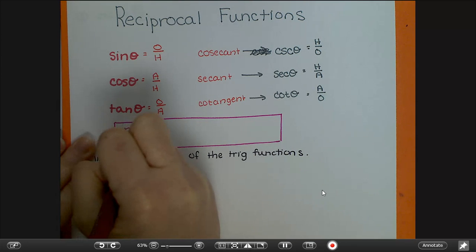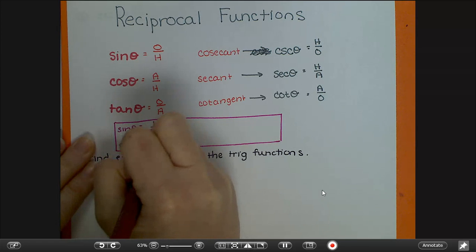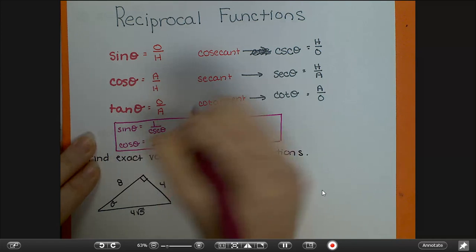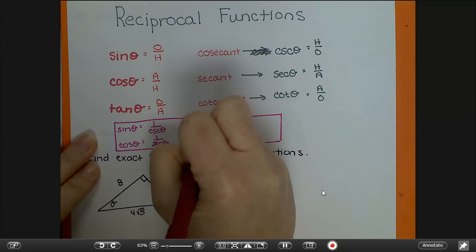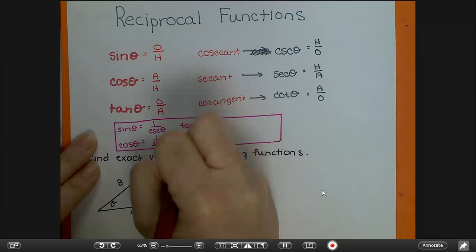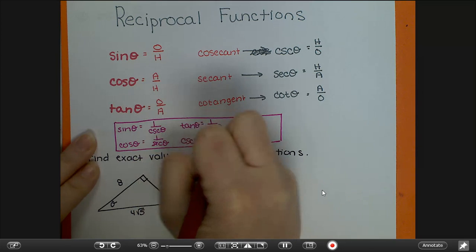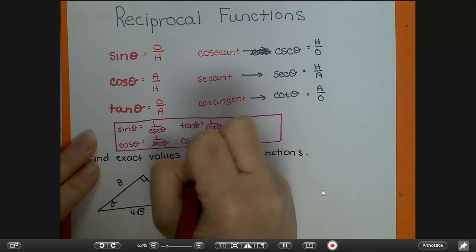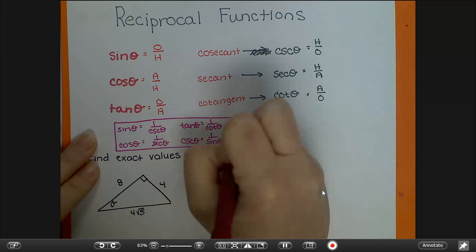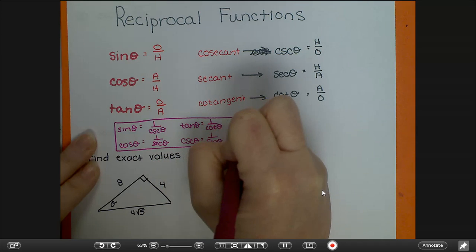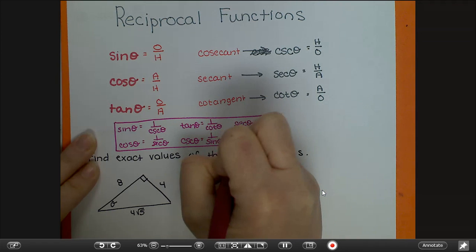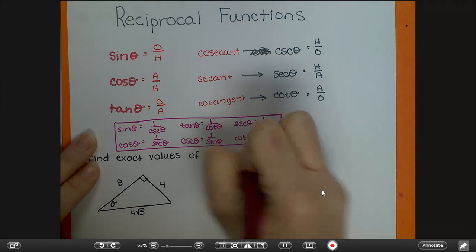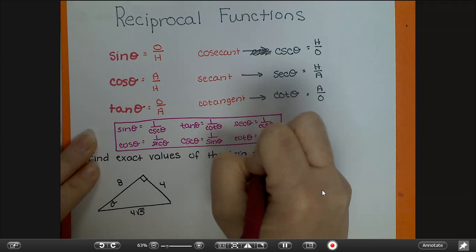Cosine can be written as 1 over secant. Tangent, 1 over cotangent. And you see that pattern. So I'm going to do that for the other ones. Cosecant is 1 over sine. Secant is 1 over cosine. And cotangent is 1 over tangent.